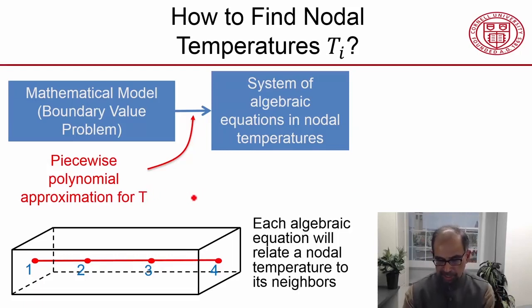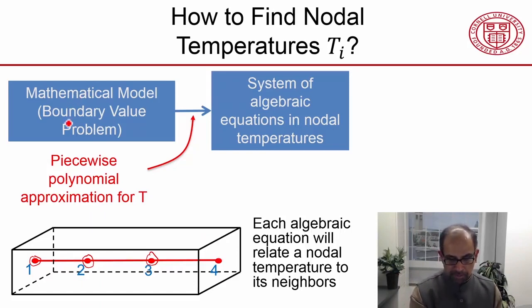And each equation will relate a nodal temperature to its neighbors. It's going to be a linear equation, and so for instance, if I write the equation at this node, it'll relate the temperature T2 to T1 and T3. It won't involve this temperature, for instance, and this becomes significant as you get more nodes, and so the equations will relate only the immediate neighbors.